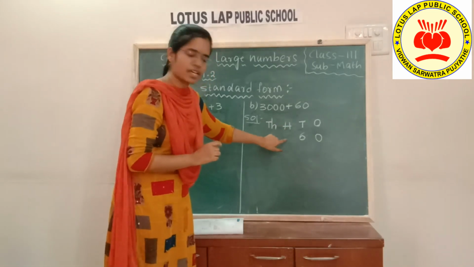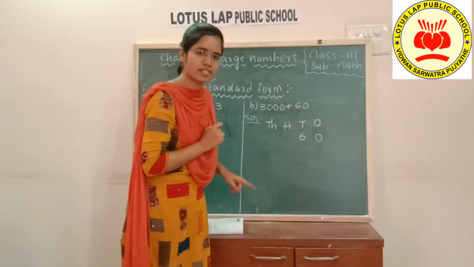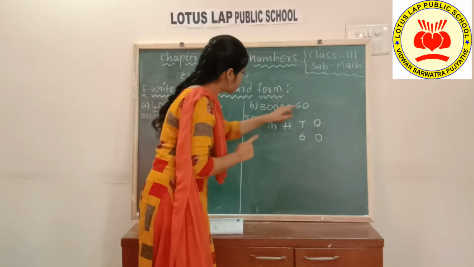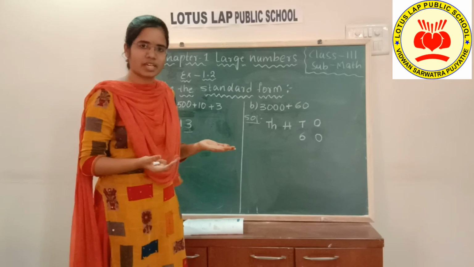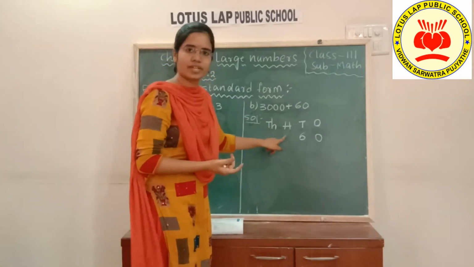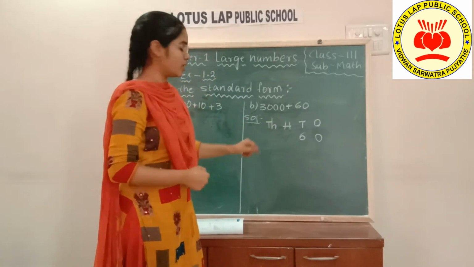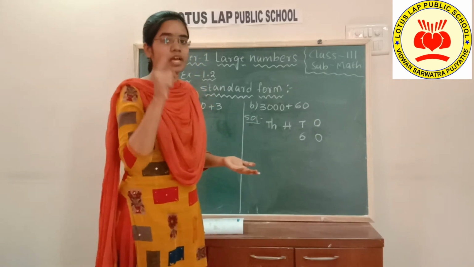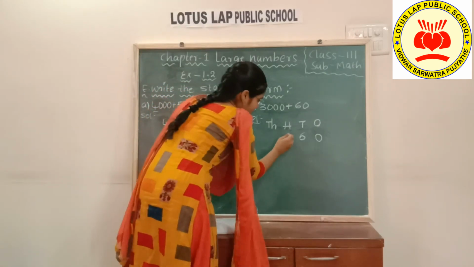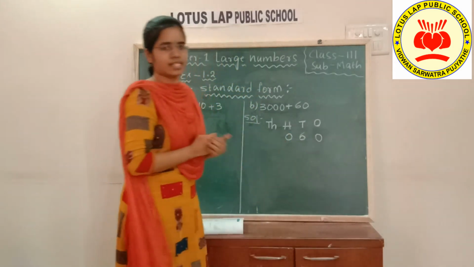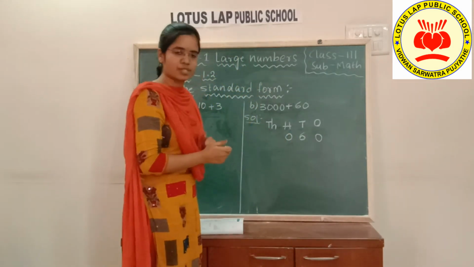Next, hundreds place. Hundreds place means definitely we should have how many zeros? 2 zeros. Is there any number with 2 zeros? No, we do not have any number. So the hundreds place value is not there. If the place value is missing, we replace it with 0. Yes, in hundreds we are going to get 0. Finally, the thousands place.